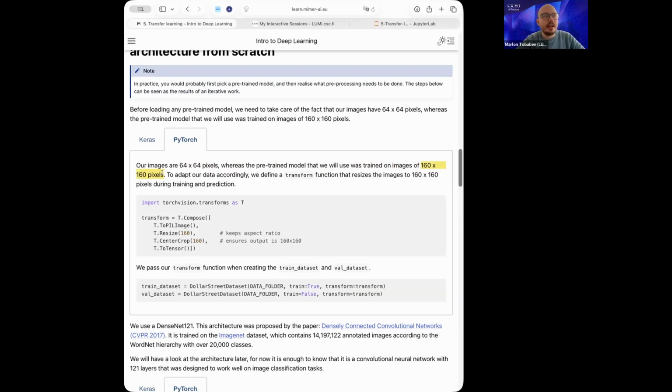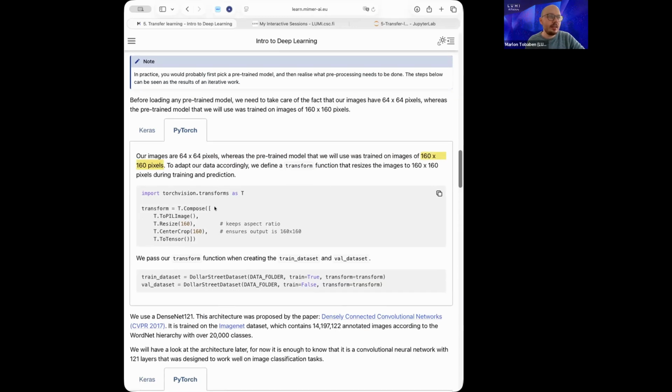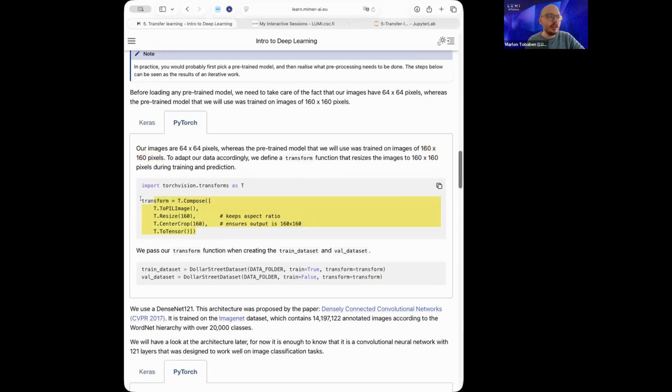What we are going to do is define a function that takes our image and makes it larger. There are very different ways of doing that, and very specific things. You can see, for example, the Keras version does it slightly differently than PyTorch.